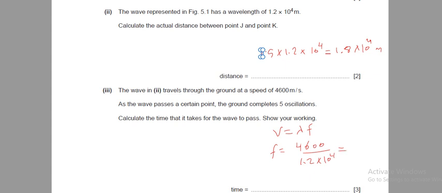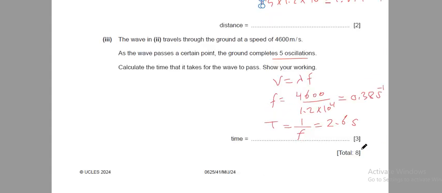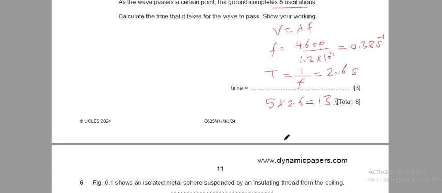As the ground completes 5 oscillations, and we need the time of these 5 oscillations, we must find the time of one oscillation. The time of one oscillation is the periodic time, which is 1 over the frequency. And finally, 5 times 2.6 equals 13 seconds.